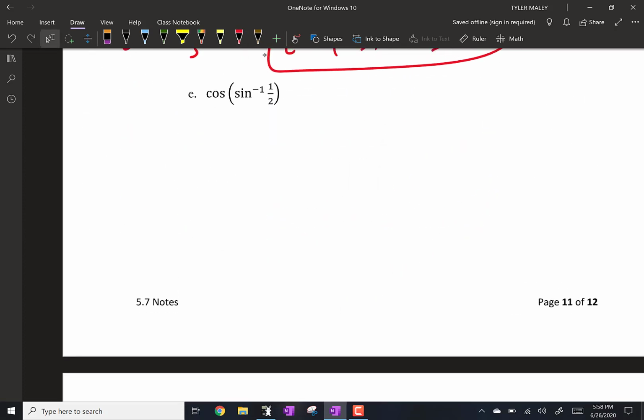All right. So the next one, we have cosine of inverse sine of 1/2. Again, I'm going to let the inside be equal to some value, let's say theta.